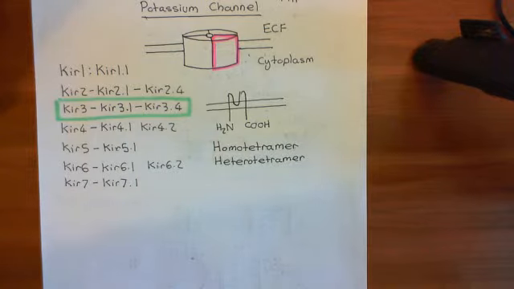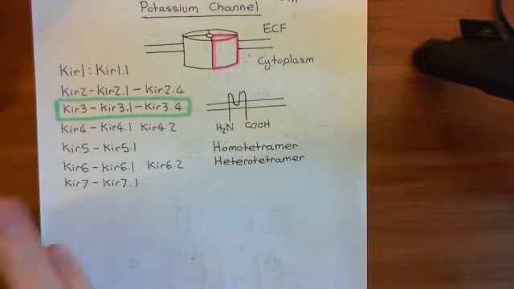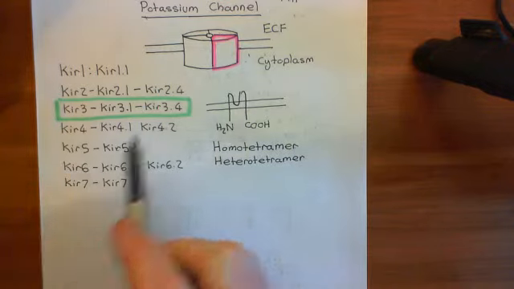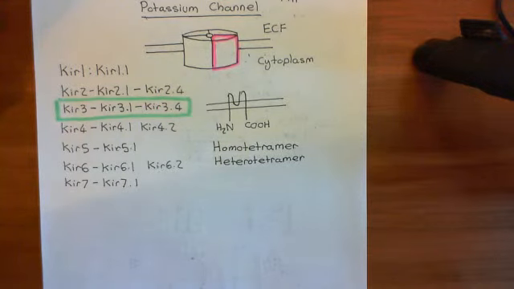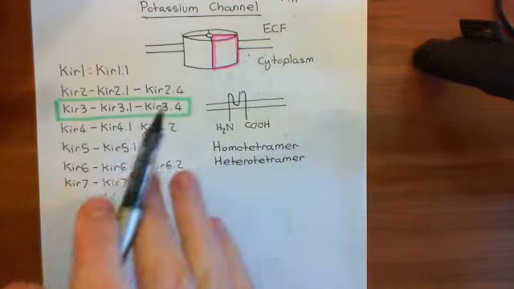What we do know is that the heterotetramers generally only contain two different KIR subunits, and the two different KIR subunits are generally from the same family, which is why we've created this naming system. Occasionally there are breakings in the rules, so there are some heterotetramers where you've got mixing between the families, but we haven't found any breaking of the rule that you only use two different KIR subunits. It's just that the naming system isn't perfect, basically.